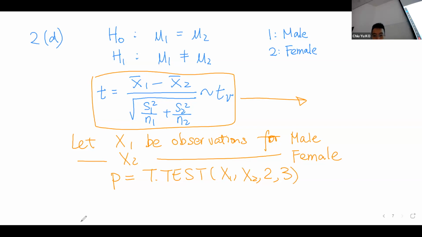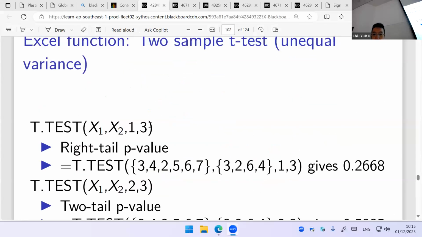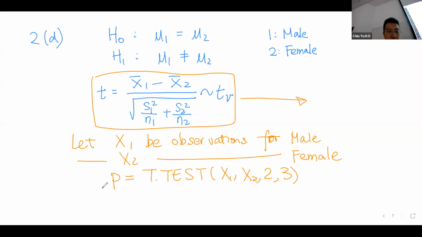Let me check if this is correct. Yeah, 2 and 3, 2 tail t-test, unequal variance, and that's the formula. And we do 5%. So if P is less than 0.05, then reject H null at 5% significance level.